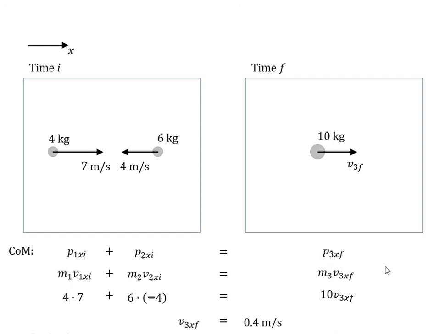Just zooming into the answer, you could work out what's on the left, divide it by 10, and our final velocity is going to be 0.4 meters per second. That's a positive value for a vector component. It tells us that the object really is moving in the positive direction. So there we have a perfectly inelastic collision problem.